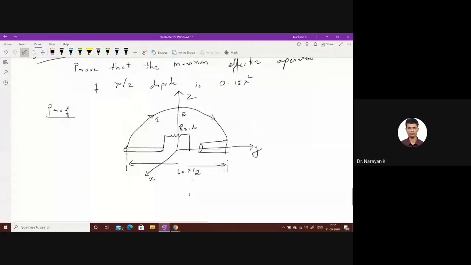The x direction will represent the direction of the incident wave, and the direction of the incident wave is your electric field direction.